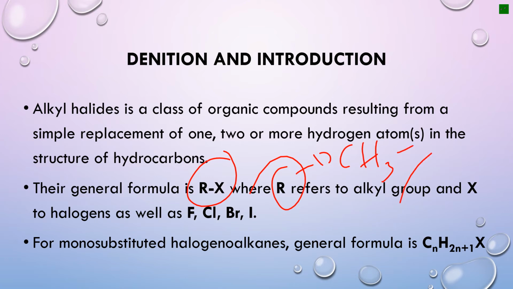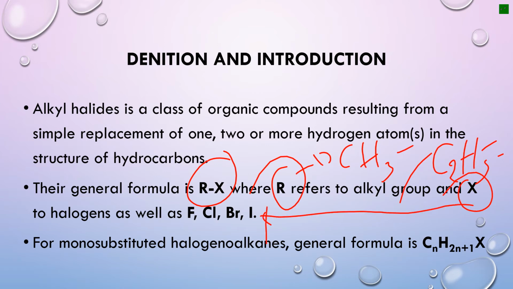If it was ethane and it loses one hydrogen, it will become C2H5. Again, if it had 3 carbons and it loses one hydrogen, it will be C3H7. You can try more.